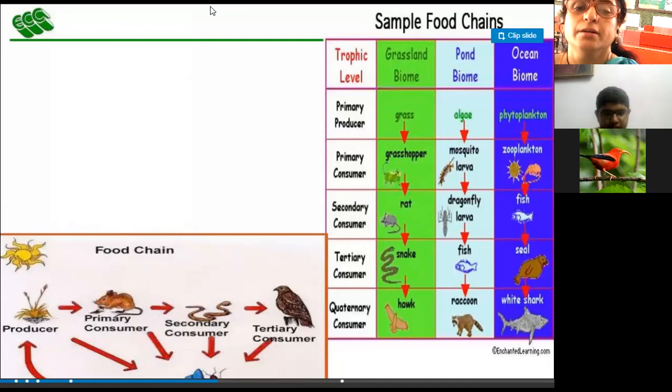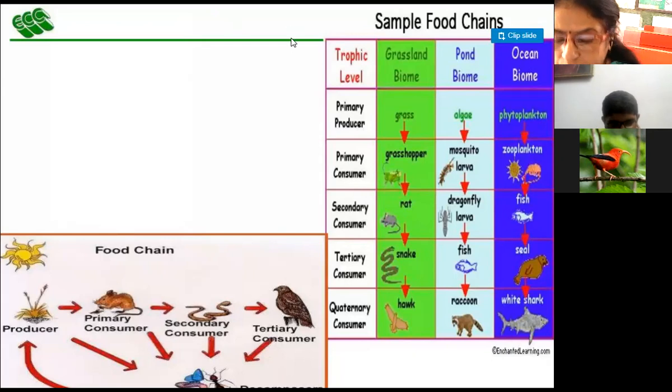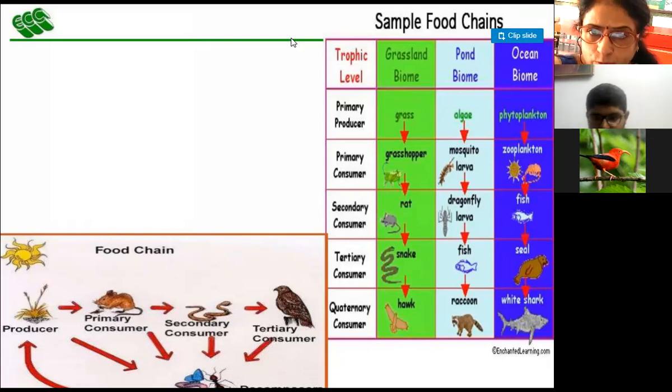No, it will not be enough, because as per the 10% law, from 20 joule the available energy to the fourth step will be 0.2. So in the fifth step nothing will remain, the energy will become very low. It will have so little energy that if the chain continues, life cannot sustain on this energy. Is it clear?